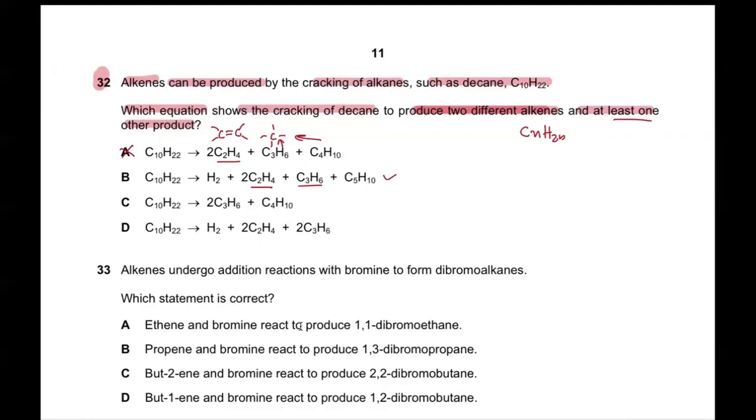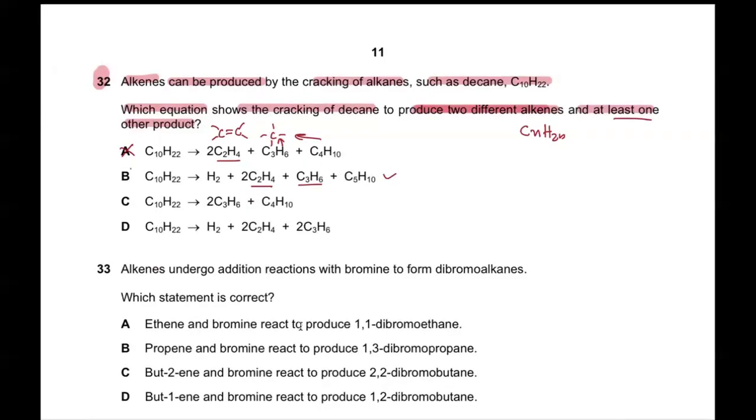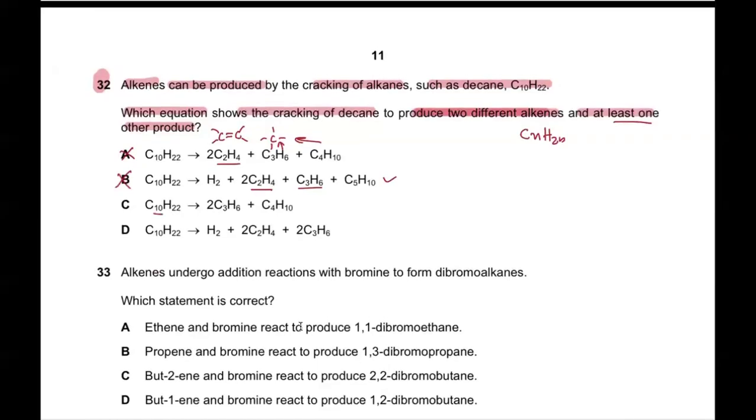But C10, so it's a wrong equation actually, if you see. And the above one is wrong as well. C10. 2 times 3 makes it 6, 6 plus 4, 10. Yeah. The above two are forming more products than the number of carbon atoms over here. So A and B go wrong.